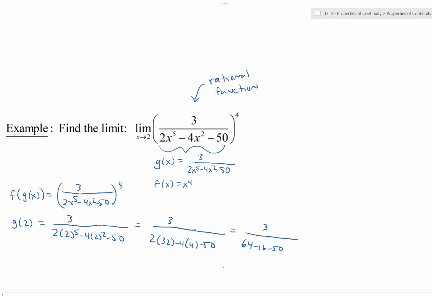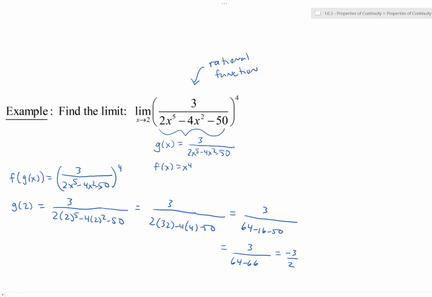It's not 0 in the denominator. That's 3 over 64 minus 66, so that's just negative 3/2. So the inner function, that rational function g of x, is defined at x is 2, and it's negative 3/2. And so we know we're going to be continuous for the inner function.